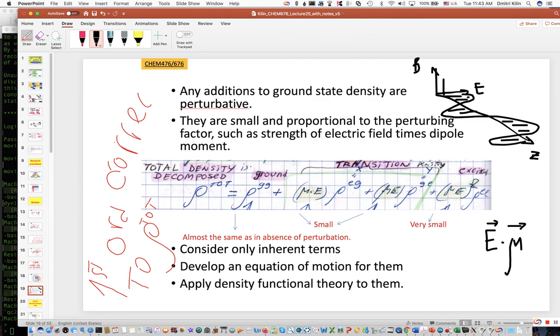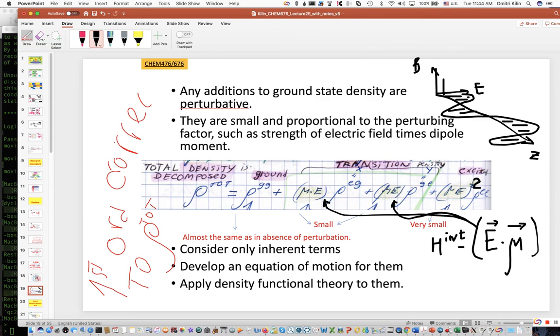So this light-matter interaction term affects how much the transition density is being changed, and the transition density is linear in this term, and the occupations of the excited states behave as a second power of this interaction Hamiltonian measure.